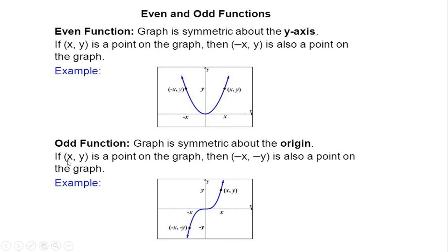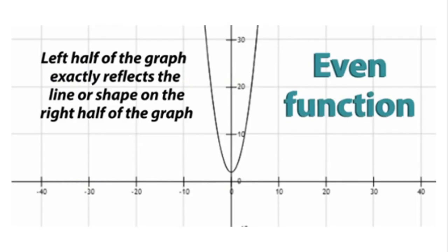If we have the point x, y, and both values change sign, with a similar pattern but both values minus, then it is an odd function. This is an even function, which reflects its shape, with y values on the positive side but x values negative.